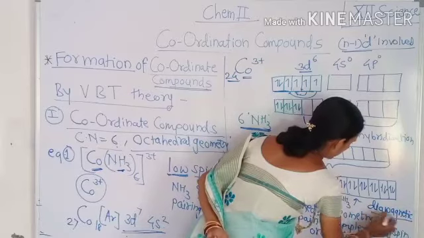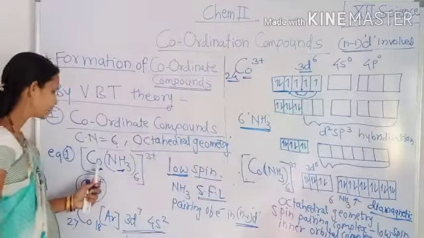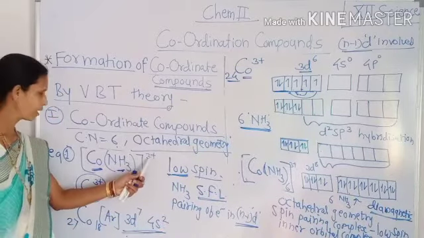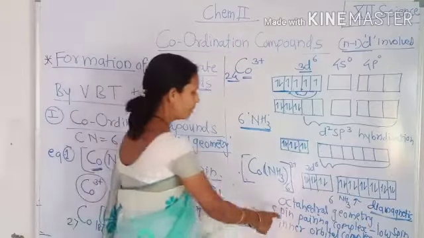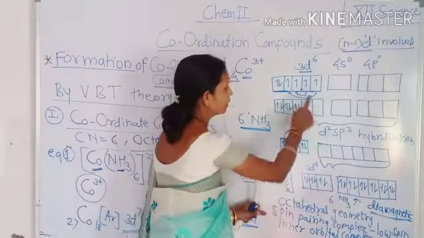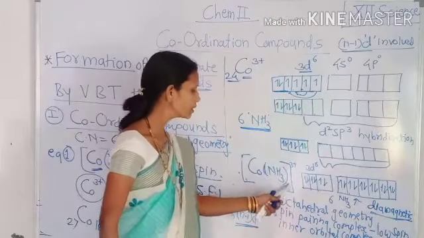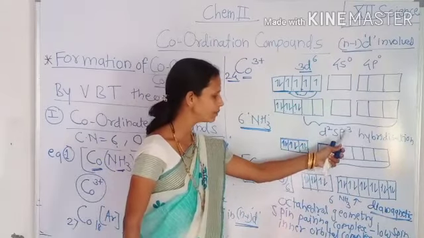Diamagnetic in nature. See here, the complex [Co(NH3)6]3+ is a low spin complex, because spin pairing of the 3d orbital takes place, the coordination number is 6 and the hybridization is d2sp3.